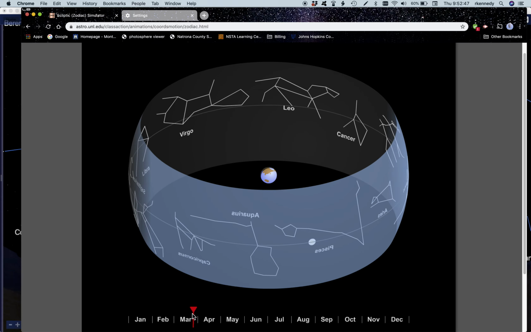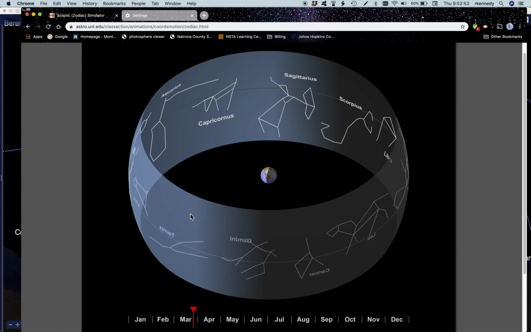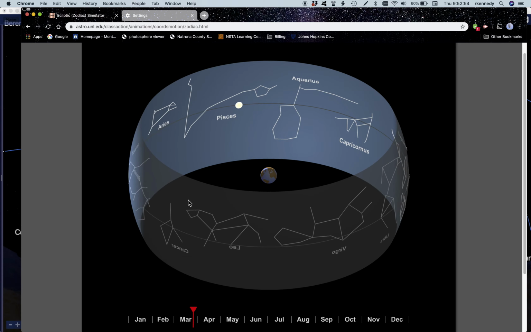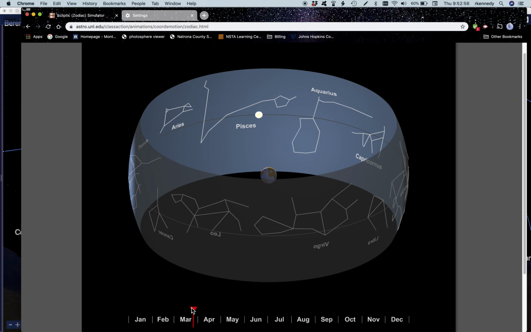And if we were to go forward into May, now watch what happens to the sun. As we get into later parts of the year, we're going to go forward from March to April. You notice the sun appears to drift through the constellations. That's because Earth orbits around the sun.